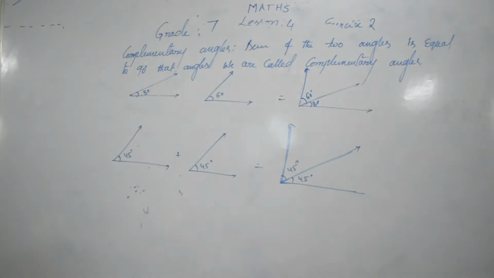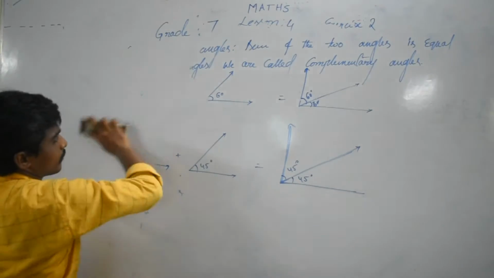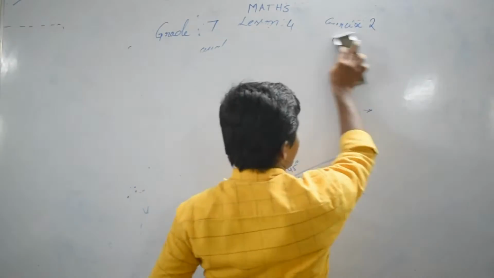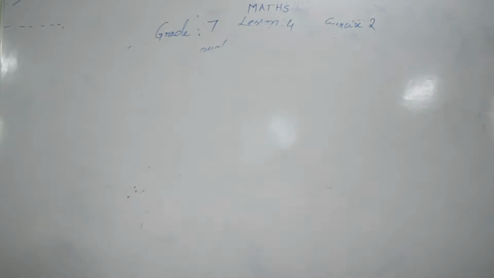So here is the exercise. First one: which of the following pairs of angles are complementary? Here, write down that definition. First one, a very easy exercise, like the third exercise, also easy.